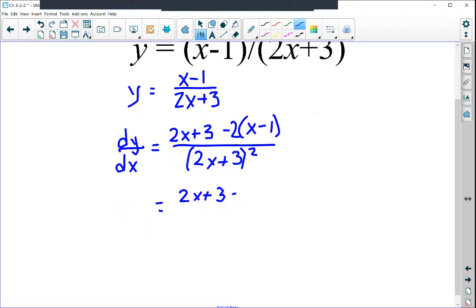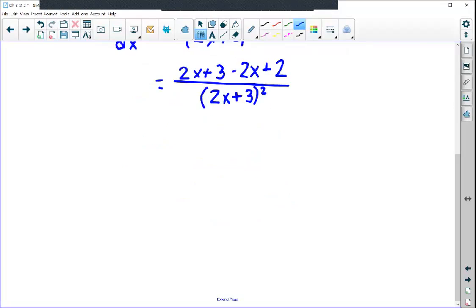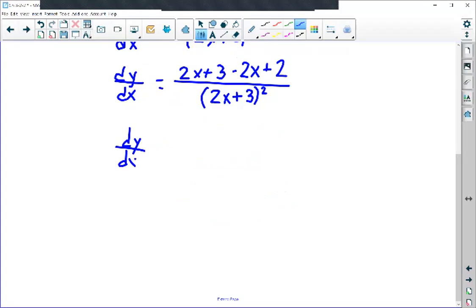If I distribute the minus 2, and combine my like terms in the numerator. What do I get in the numerator? 5. You might say I got a high 5 there. I don't know. Maybe not.